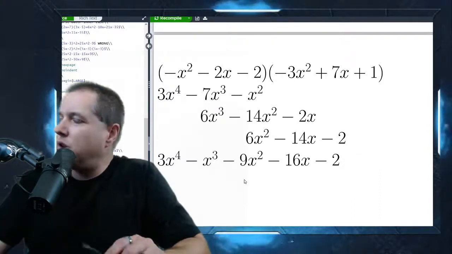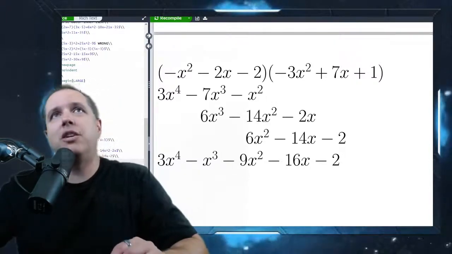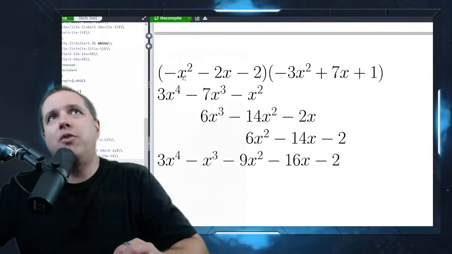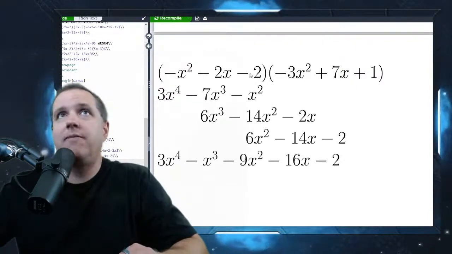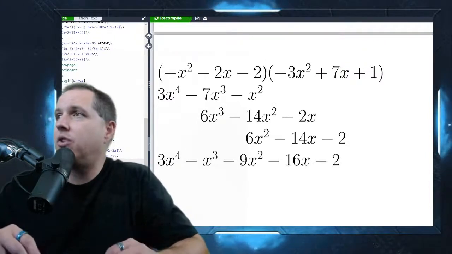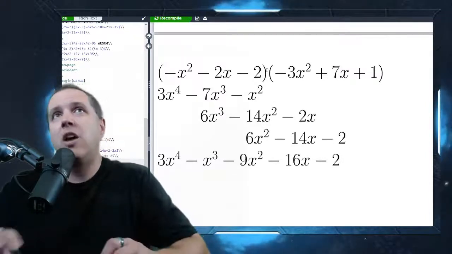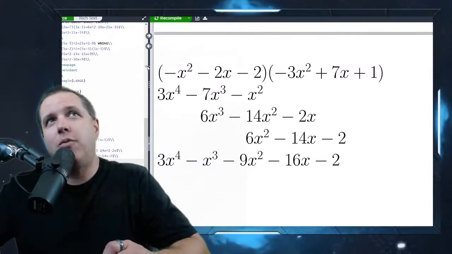Well, notice what's happened every single time that we've done a polynomial multiplication problem. We started off with polynomials being multiplied together. That is, we had a product. Here's a polynomial, and it's the multiplication of the two. And that might seem obvious because we've been doing polynomial multiplications. But you want to notice the form of our answers.